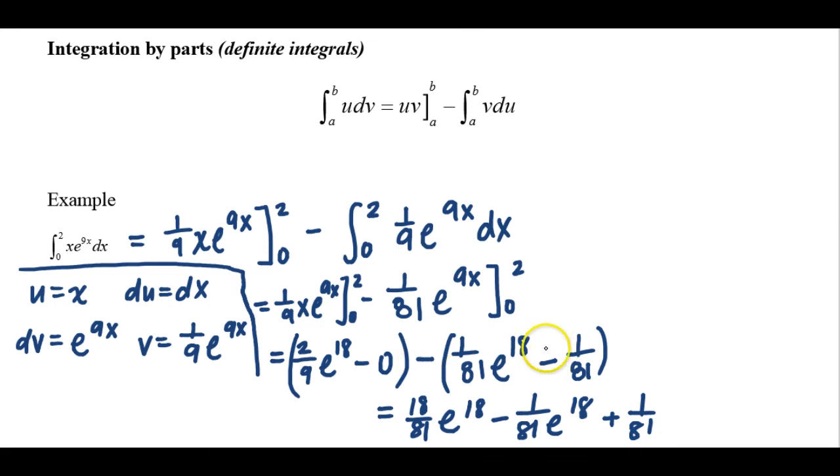So this negative has to distribute over here to this negative. And so now I can combine these together. These are like terms. So 18 over 81 minus 1 over 81 is 17 over 81 e to the 18th minus 1 over 81. And now that is my final answer.